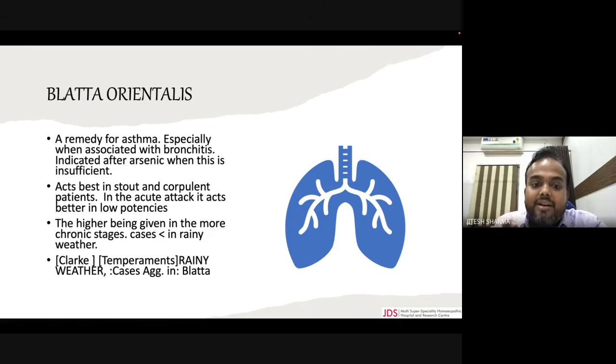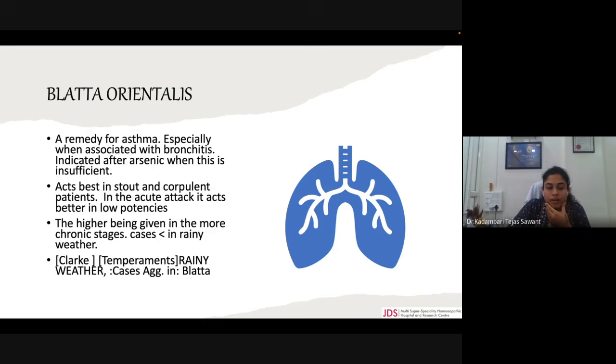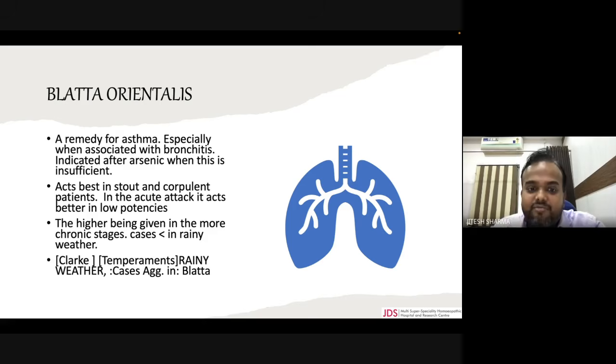I hope everyone is aware of the term corpulent. What do you mean by corpulent? Anyone who has learned in our last sessions? A double chin person, and very obese people. Yes, very, very obese people, stout and corpulent. Excessive fat, and they cannot breathe at all.